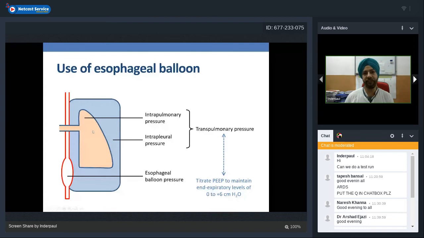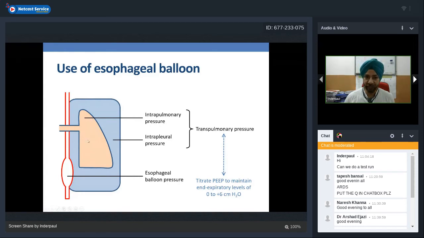But what happens in ARDS especially, and in positive airway pressure, is that the pressures not only get transmitted to the alveoli, they also get transmitted to the pleura because it is a continuous flow. So in ARDS, especially if you have heterogeneous ARDS, higher pressures, especially in pulmonary ARDS, tend to get transmitted to the pleura.